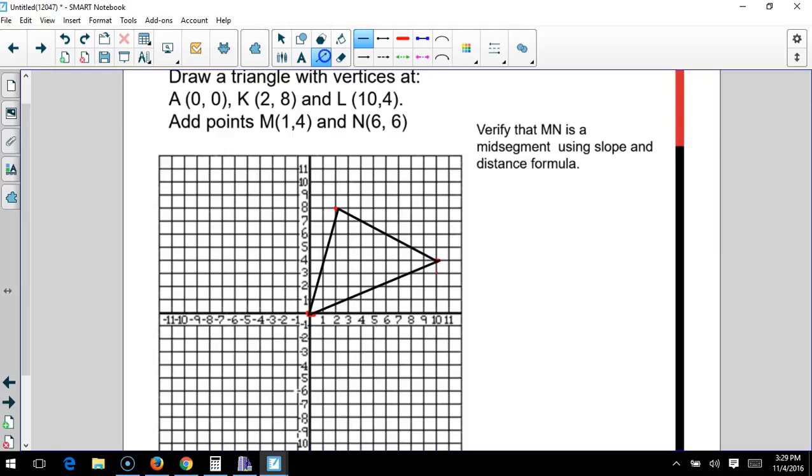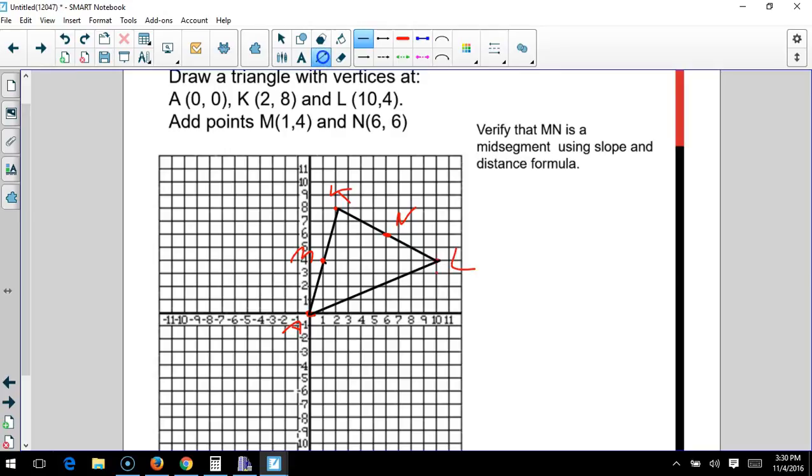Be as accurate as possible. Now add points 1, 4. Let me put A, K, L, and 1, 4, which is going to be called M, and 6, 6, which we're going to call N.